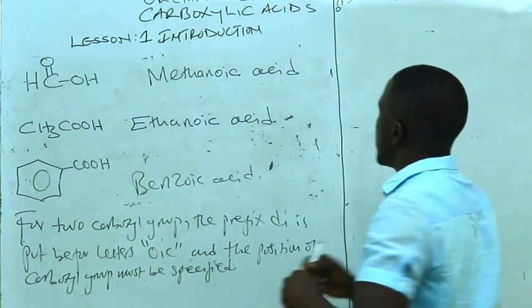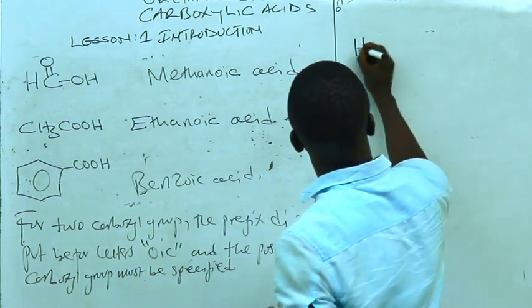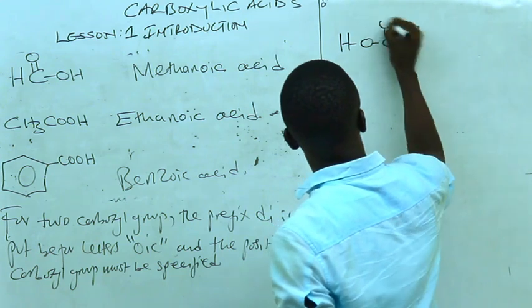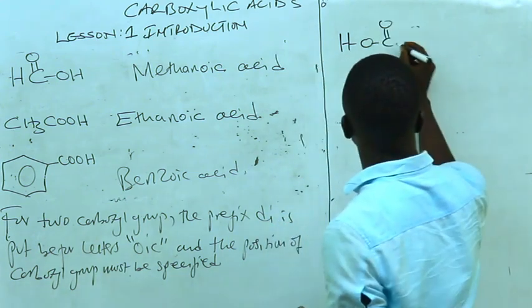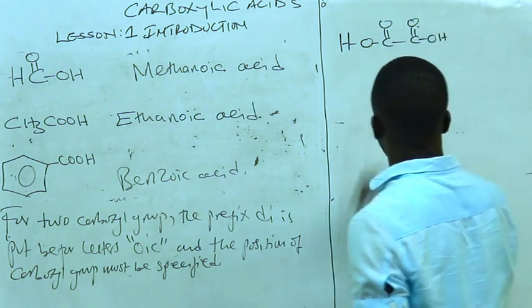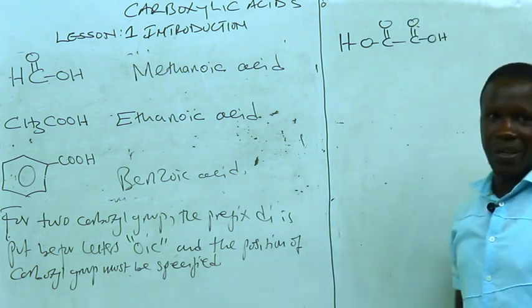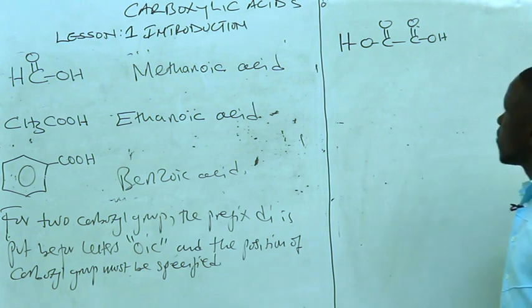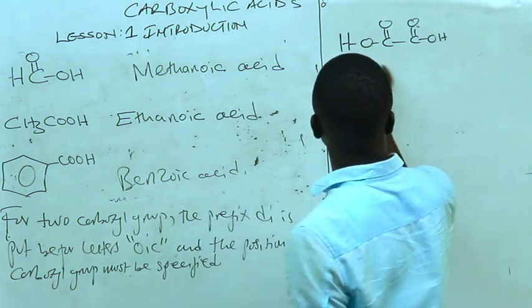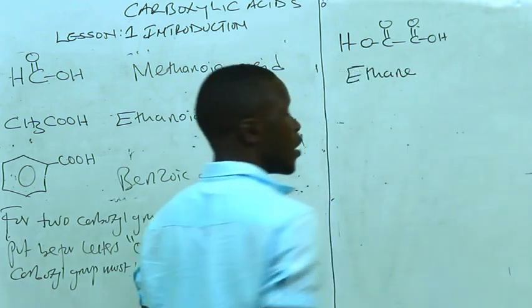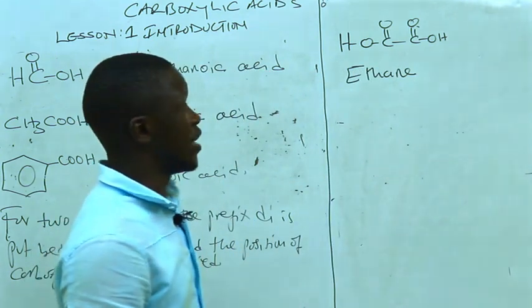In that case, we would have HOOC, that's 1 carbon atom, and that's another carbon atom. There are 2, so this is 2 carbon atoms. Since it has 2, it is ethane, if that's the alkane it comes from.